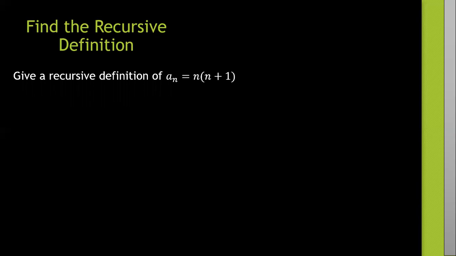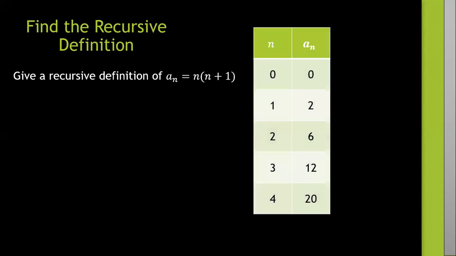Let's get a recursive definition for n times n plus 1. Again, I do some exploration, and this one is very tricky. 0 to 2, 2 to 6, 6 to 12. So it's not like I'm adding a set number here. Let's look at those differences though, just in case they reveal something. 2, 4, 6, 8.